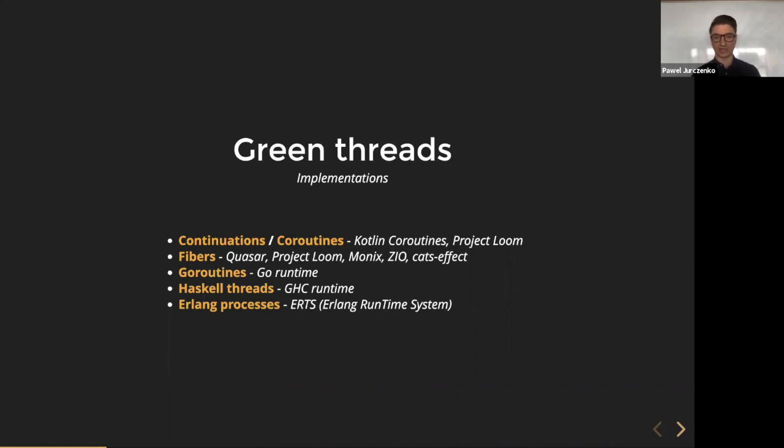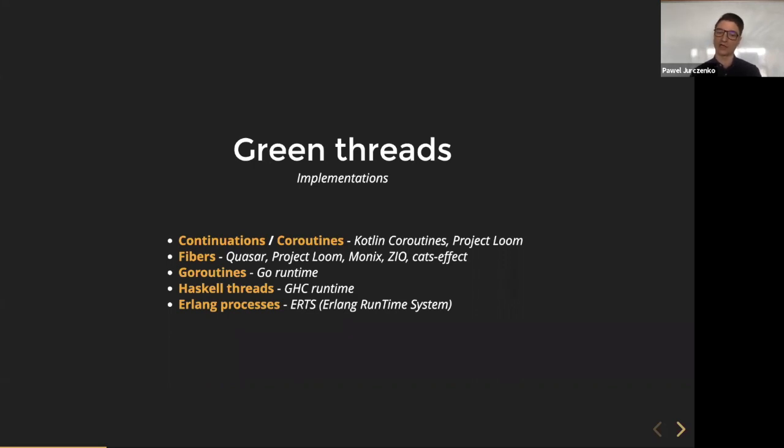In case of the JVM platform, we have two types of solutions: the solutions that we already have, or the solutions that we will have in a foreseeable future. For example, in case of coroutines, we already have an implementation in Kotlin. When it comes to fibers, we already have an implementation in Java, which is Project Quasar, which has been available for a couple of years now.